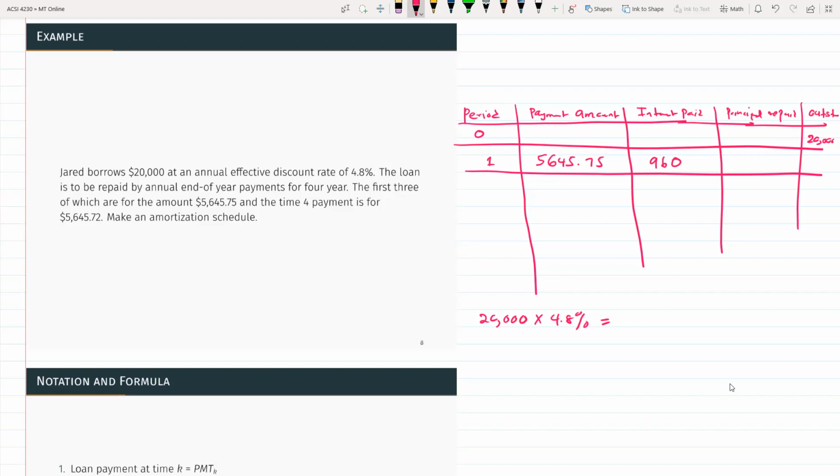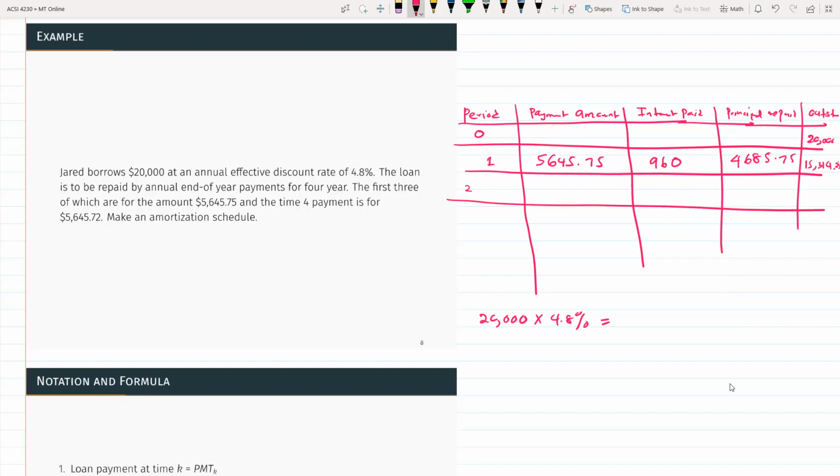So you take the difference, 5,645.75 minus 960, and you are paying 4,685.75 in principal. The remaining loan balance will be 20,000 minus 4,685.75, which gives you 15,314.25.